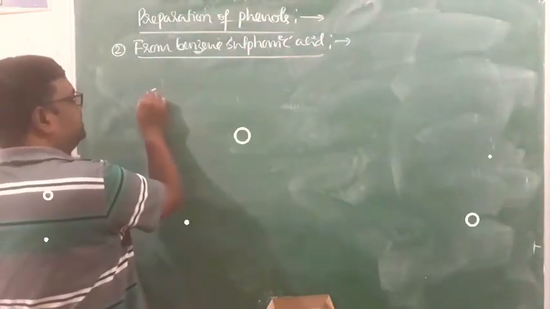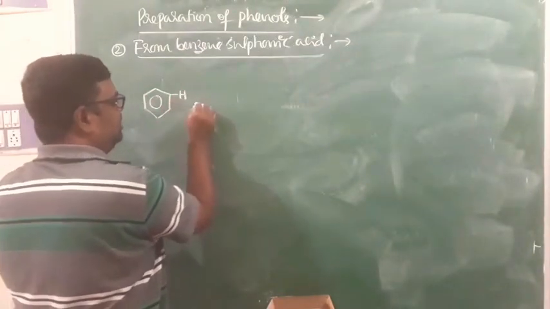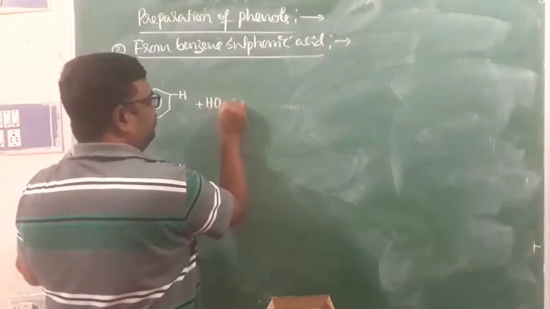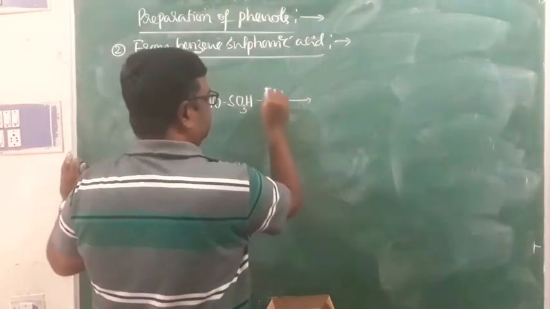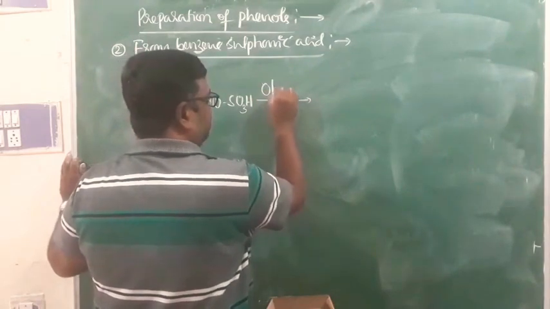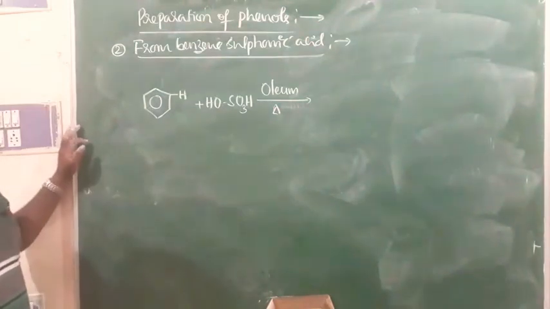As far as benzene sulphonic acid is concerned, it can be obtained from benzene. When benzene reacts with fuming sulfuric acid, that is oleum, upon heating, sulfonation takes place.